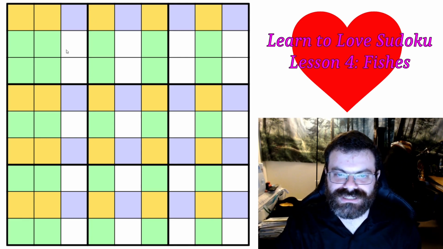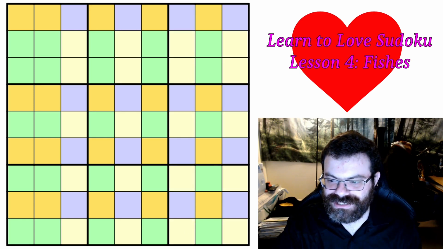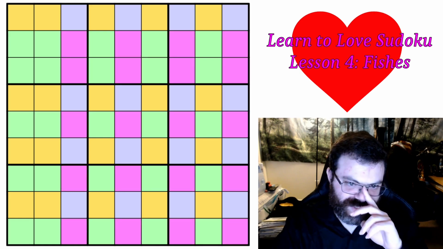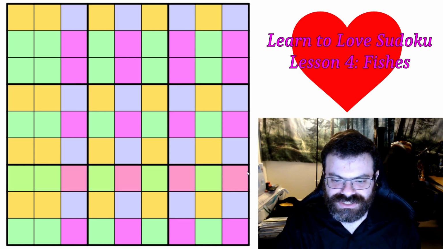And if you look, by definition, it has to be true because within these columns, these cells, which I'll highlight purple, these purple cells can't be the value that we've limited to the green cells in these rows.